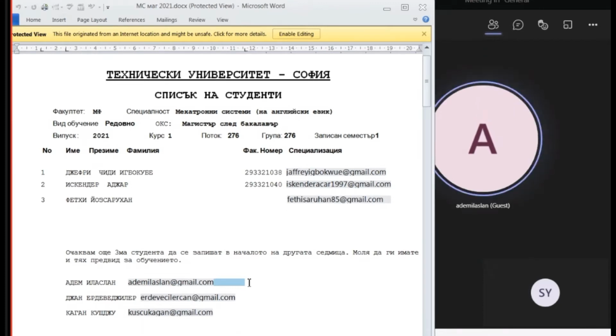Our application area here will be control.